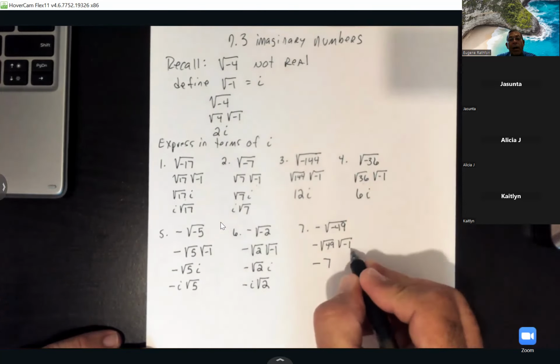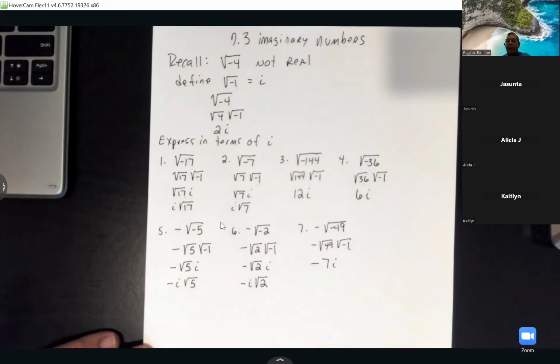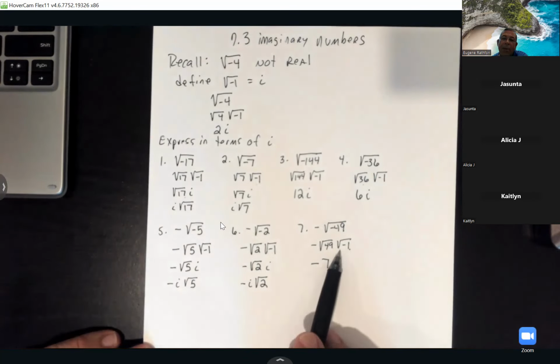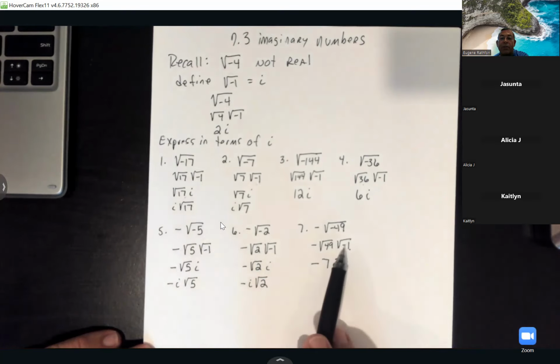And then the square root of negative 1, I'll replace with i. Now, we're not able to take the square root of negative 1. We're just replacing it with an i. So anytime you see these i's, remember that i is really the square root of negative 1. We're just using what we call shorthand for it, okay?